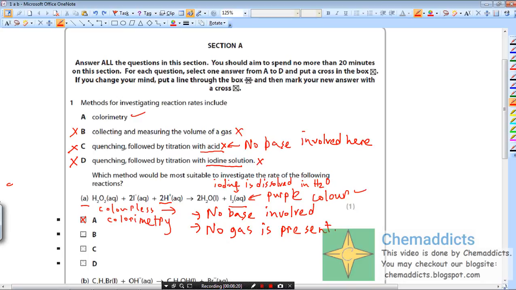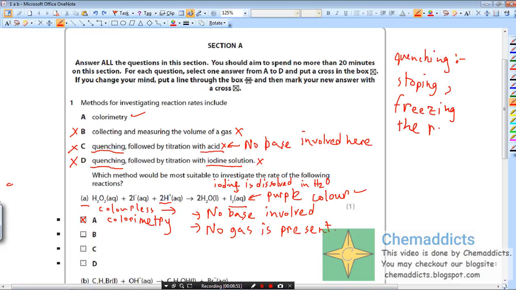As you can see, the word quenching is used here. So let us know what is meant by quenching. Quenching in this particular question means stopping, freezing the reaction.